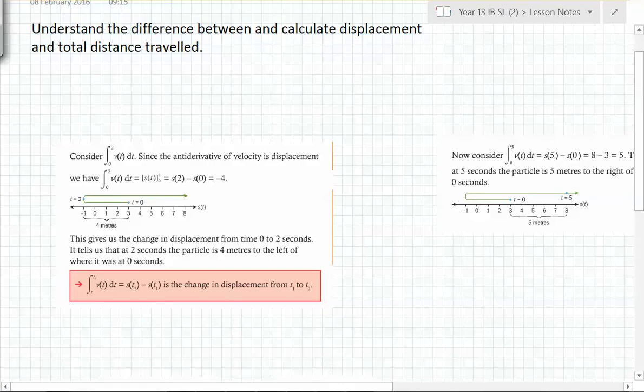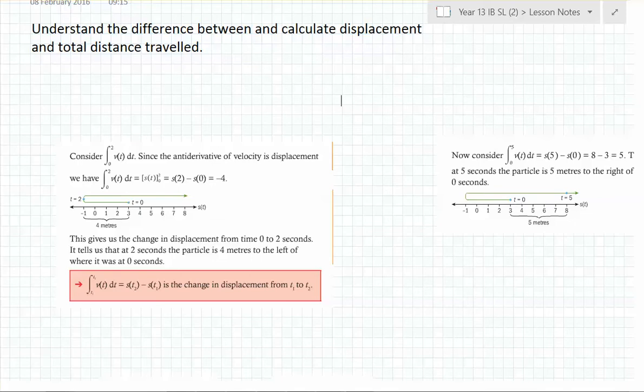Okay guys, so we're going to go through this example, page 321, just to discuss the application of your integrals to linear motion. I've written up there that you need to understand the difference between displacement from a point and total distance travelled.